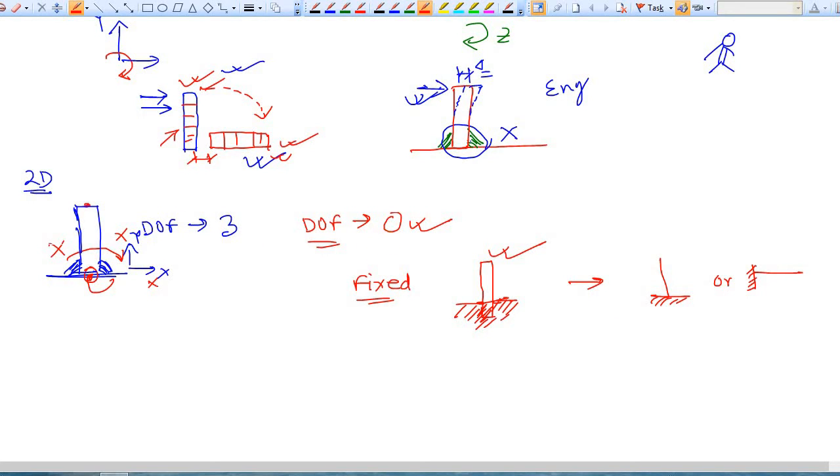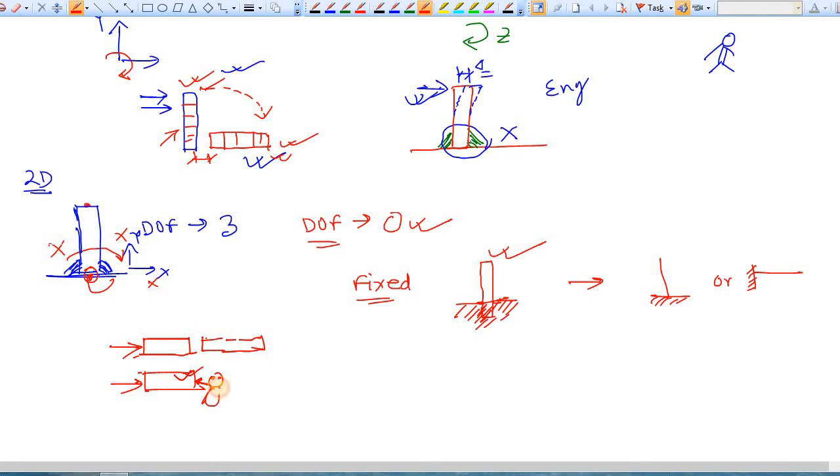Now let's say this is the body and you are applying a load; it will move. But suppose this is the body and you are applying a load, but you are standing here, one hand supporting this object.